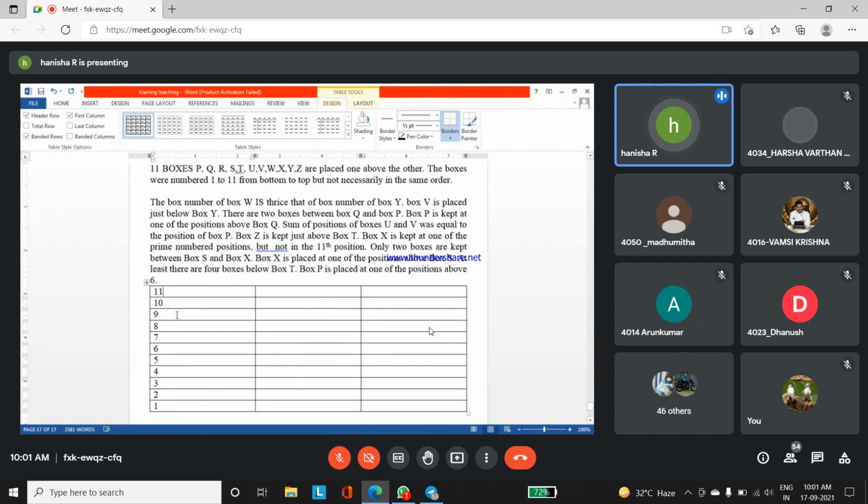So 1 to 11. They said bottom to top, so I have marked it in this way. Now we are going to mark the boxes. For that we'll need at least two possibilities, so I'm including two possibilities here. Before filling up the tabulation, first we will read the clues properly and get to know how it should be done.